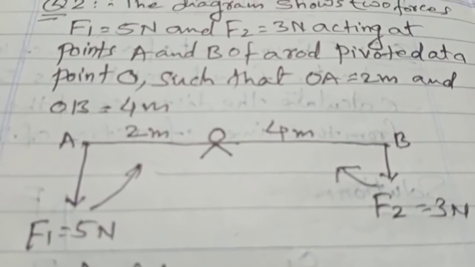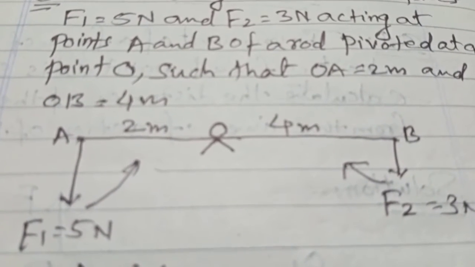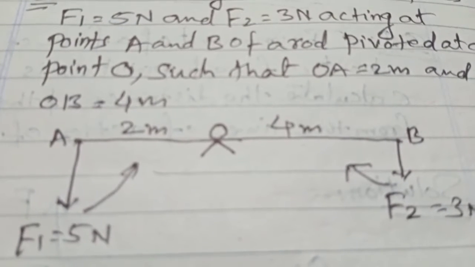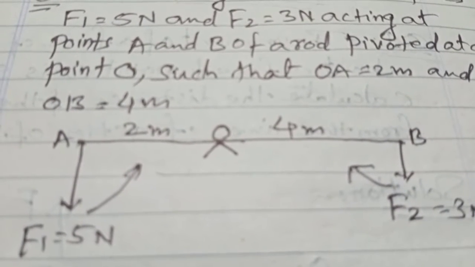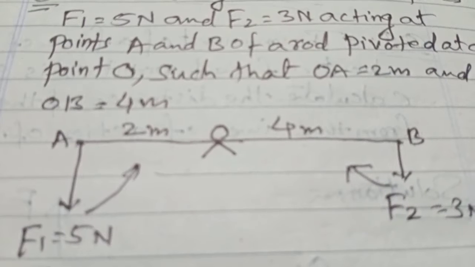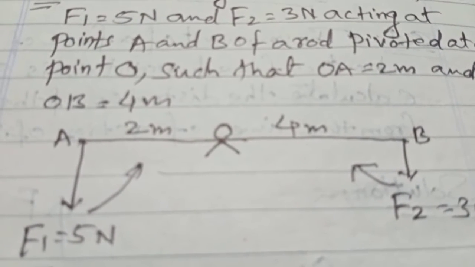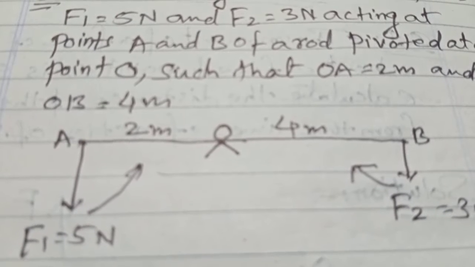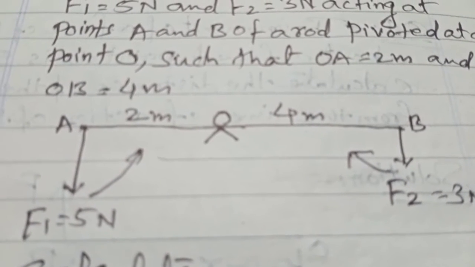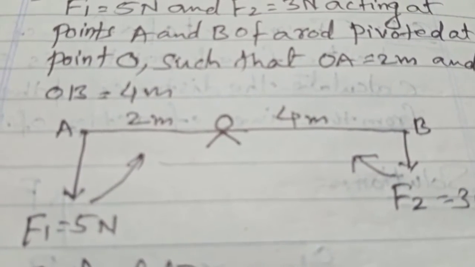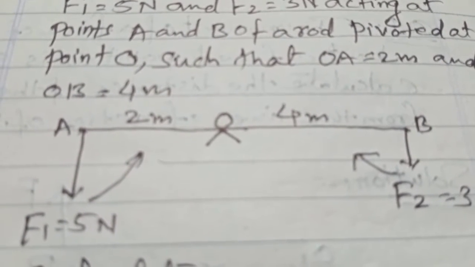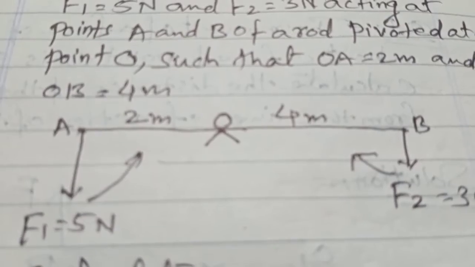The diagram is given in the question. A to B is the rod, the distance from A to O is 2 meter and O to B is 4 meter. F1 equal to 5 Newton and F2 equal to 3 Newton. At point A the direction is anti-clockwise and at point B it is clockwise.